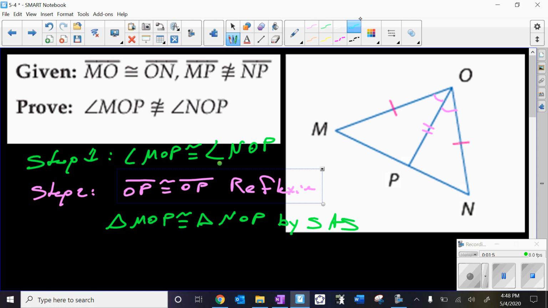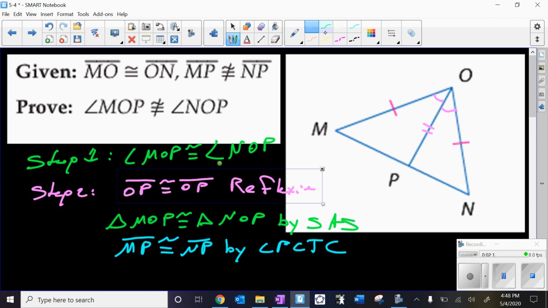And therefore, we know that all my corresponding sides and angles are going to be congruent. So MP is congruent to NP by CPCTC. Remember, that stands for corresponding parts of congruent triangles.